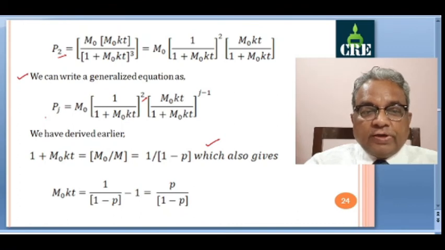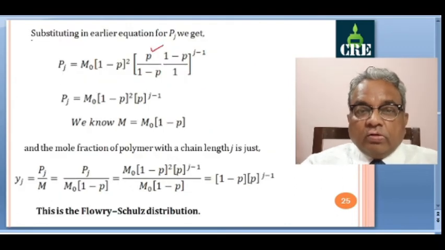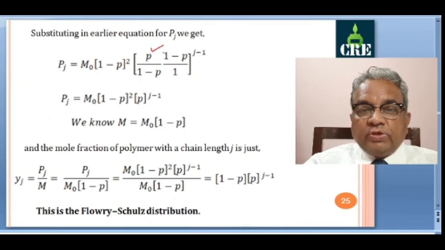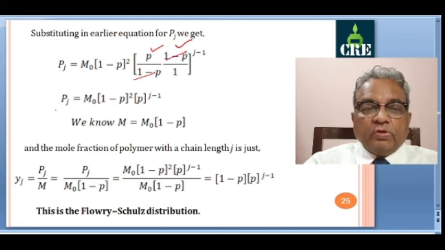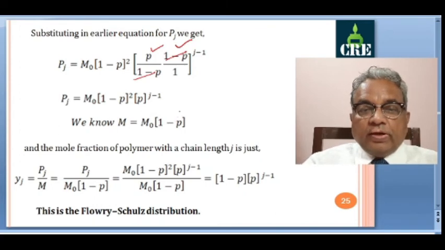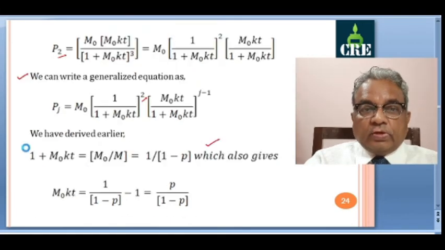So 1 plus m0 kt is 1 upon 1 minus p. So if I substitute here, 1 upon 1 minus p will go in the numerator. So this term and this term will cancel out and you are left with p only. So pj can be written as m0 in terms of p, 1 minus p whole square into bracket p raised to j minus 1. And this p we have defined initially.